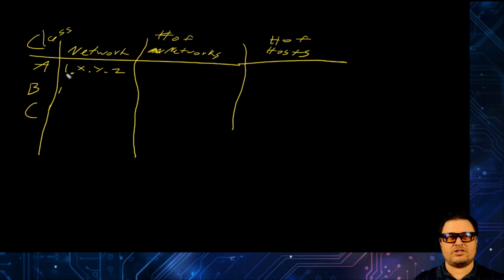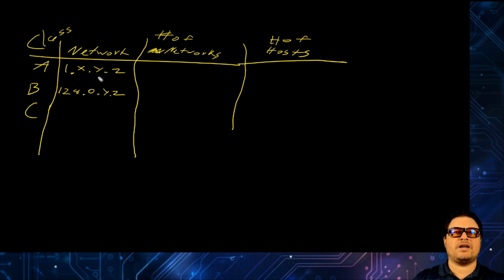Your class A starts at 1 and goes up to 127. Class B starts at 128, and then X, Y. Either way, it's fine.